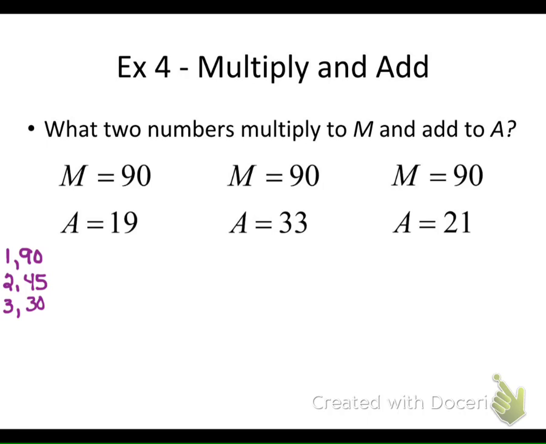So 5 times what equals 90? If you don't know, take 90 divided by 5, or just look at your multiplication chart. 18. 6 times what equals 90? 15. 7 times what equals 90?